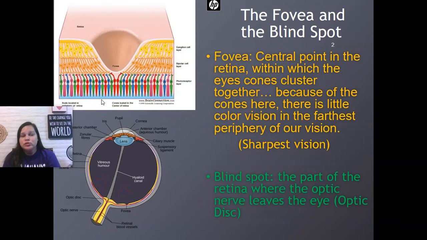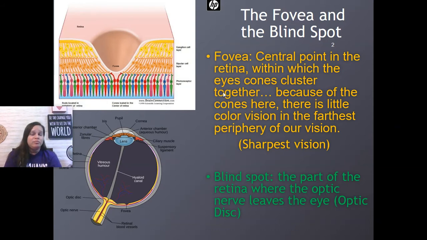Well, the rods and cones are not placed evenly along the retina. We tend to have more rods in the edges, in our peripheral vision, and then we have more cones that are concentrated towards the center of the retina. So the fovea is the central point of the retina where we have lots of cones clustered together.